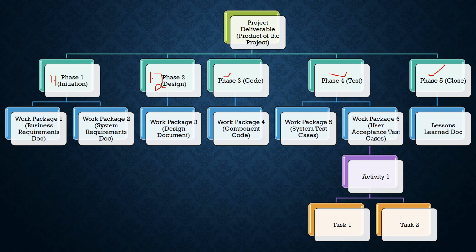It depends on the project team, how they want to decide and come up with it. But it is as simple as this. And at the next level, work package 1 could be called 2.1 because this is the second level. Similarly, activity could be called 3.1 as this is the third level. And then tasks could be called 4.1 and 4.2 as these are the fourth level.